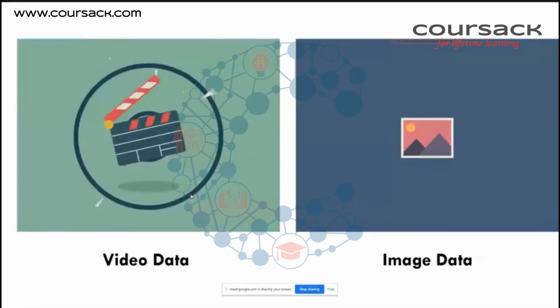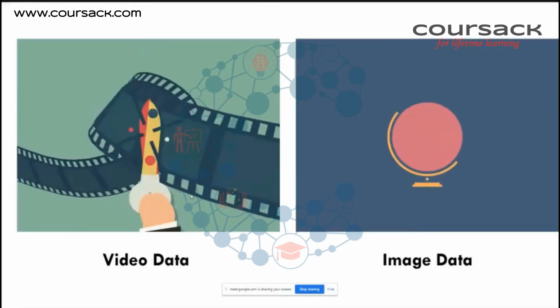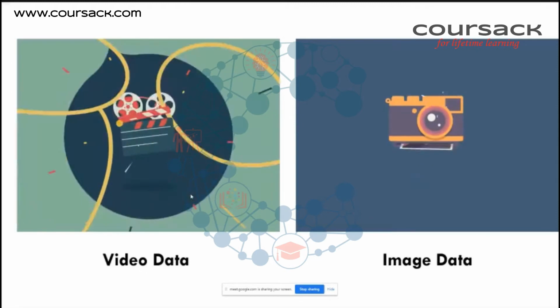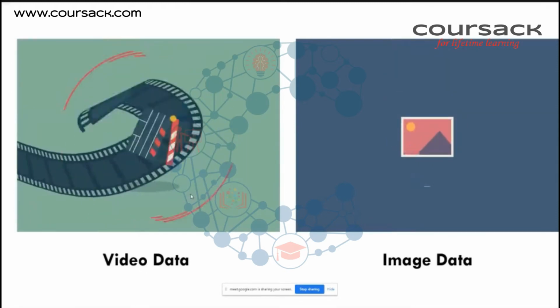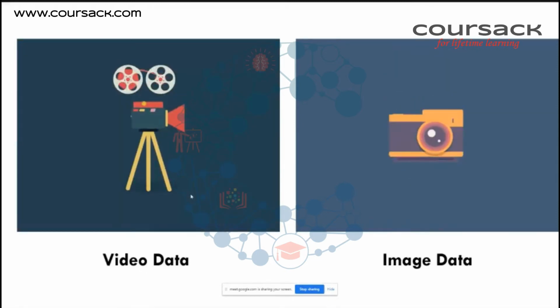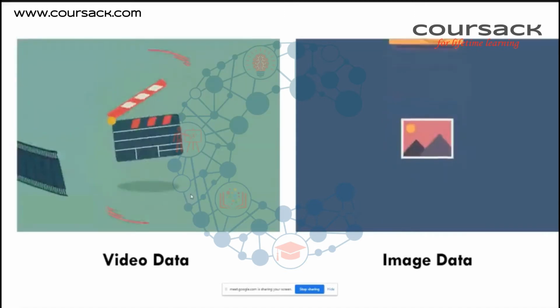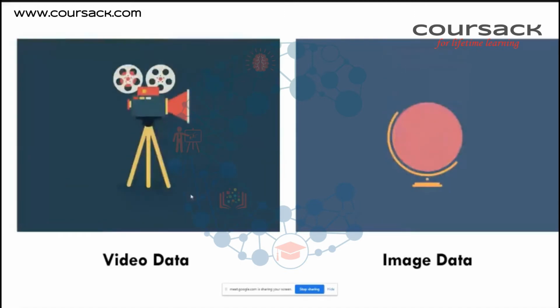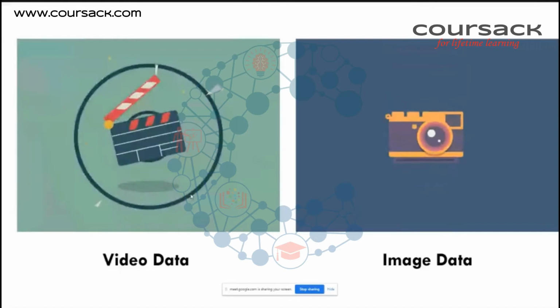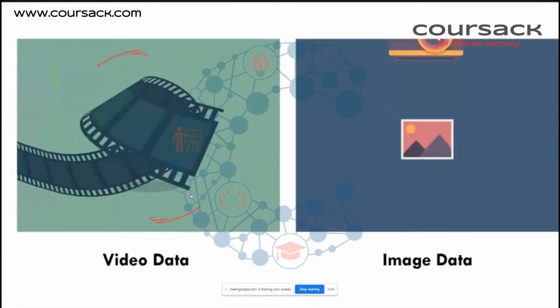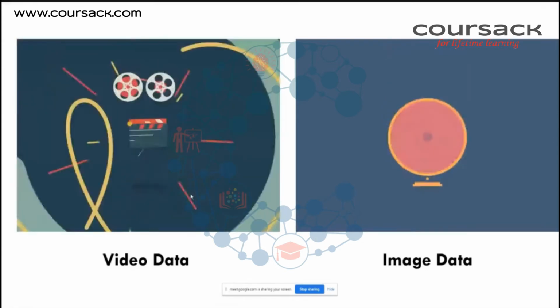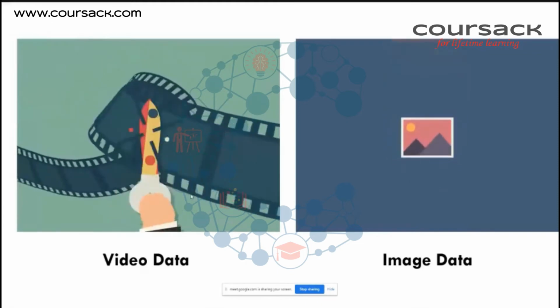Other data areas are video and image data. Video data is about a lot of surveillance information, camera capture, CCTV capture, and a lot of media data. A lot of applications are using video analysis. Similarly, images are being used. For example, you might see that Facebook tags your friends automatically.